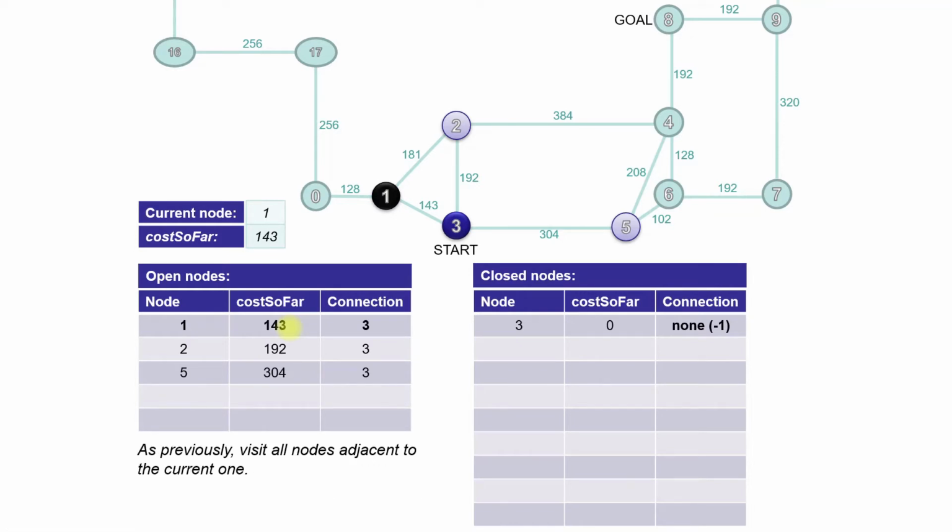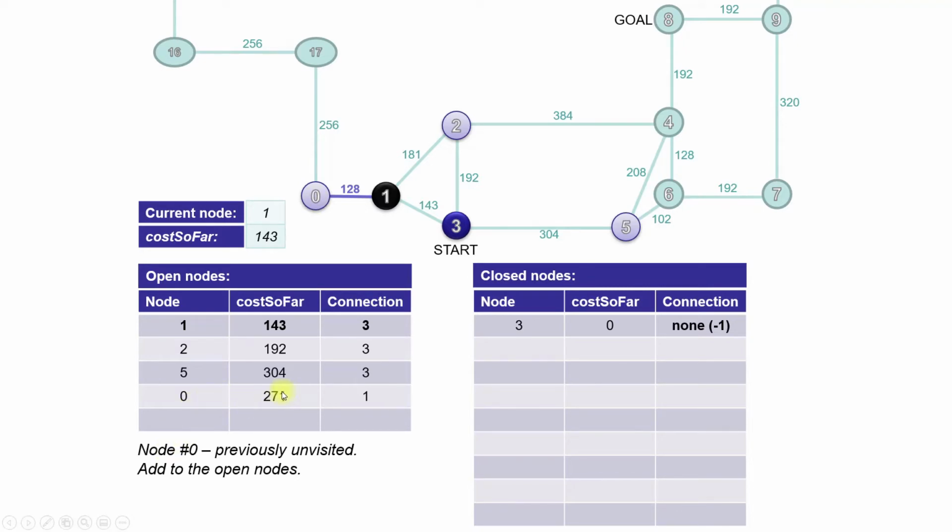And as previously, we will visit all nodes adjacent to the current one. So the first node to visit this time is node number 0. It hasn't been previously visited, so we add it to the open nodes.